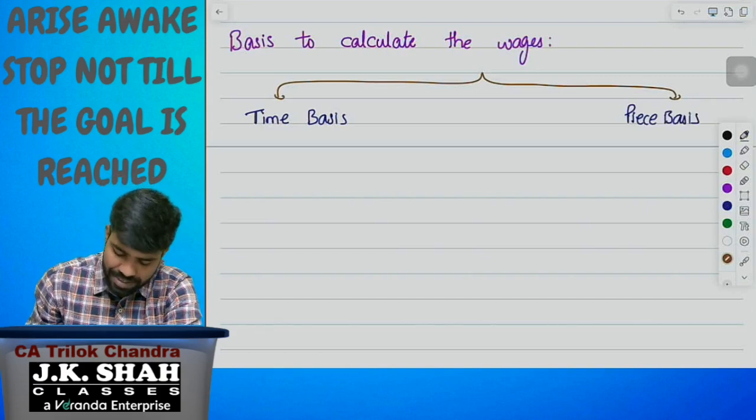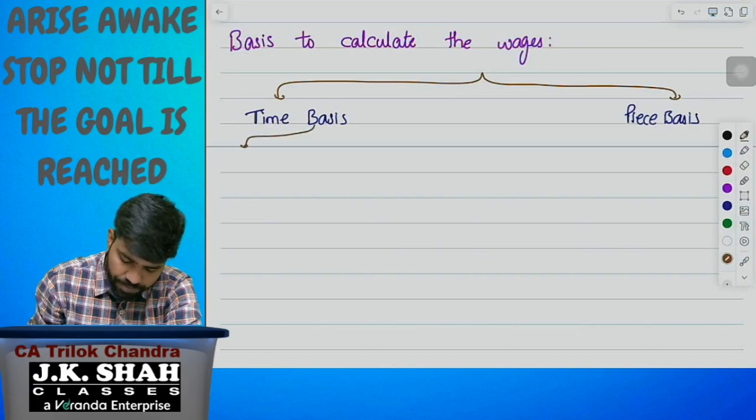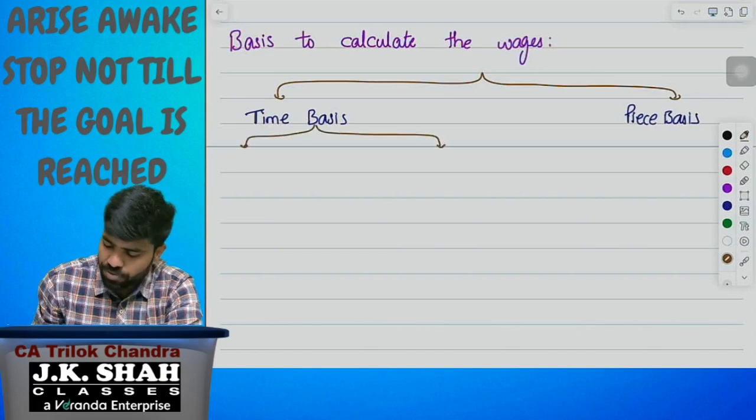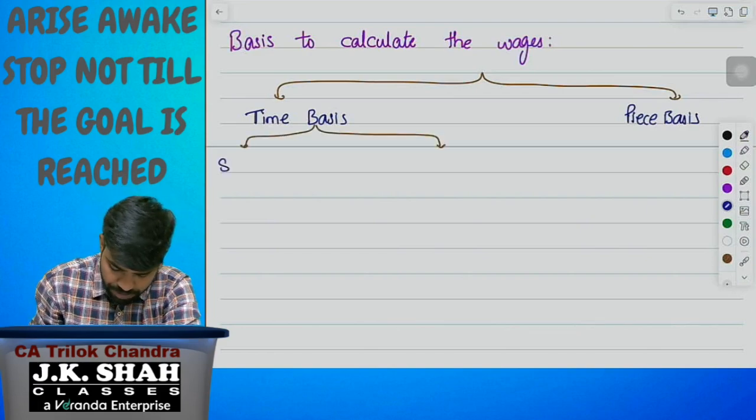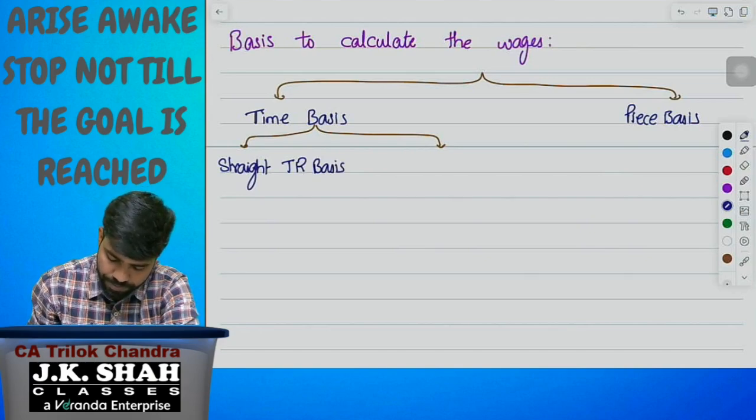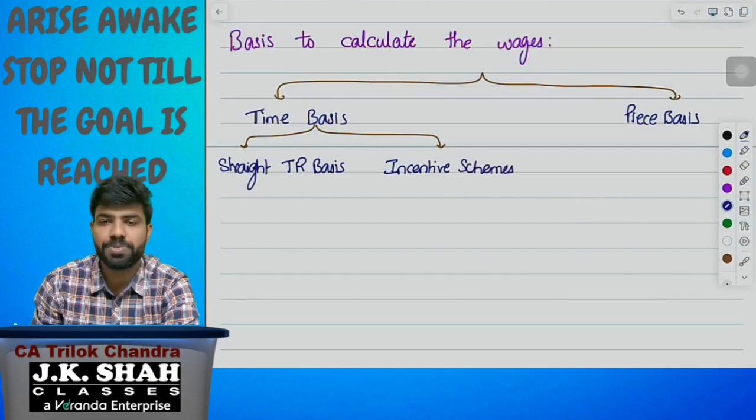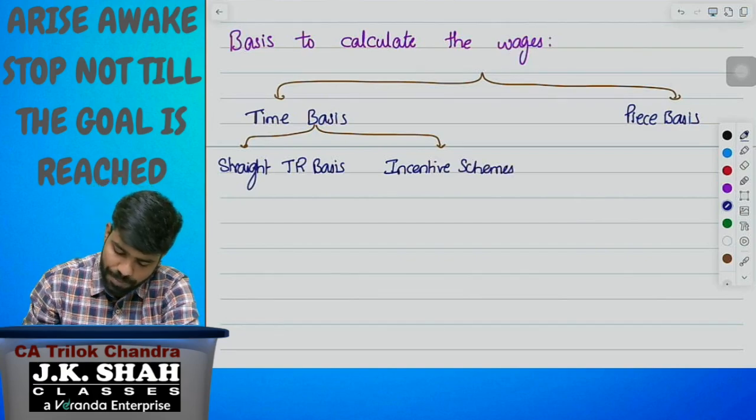When it comes to time basis, again we classify into two types: straight time rate basis, and incentive schemes. When it comes to piece basis, we have only one method, that is piece based method.